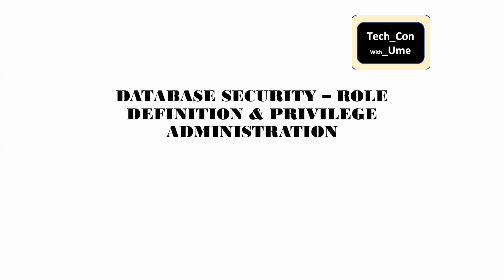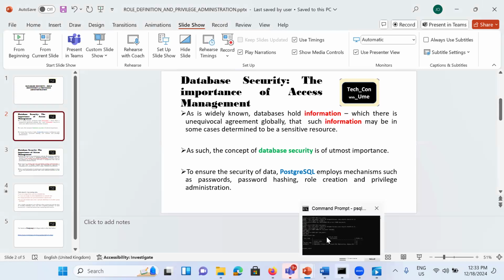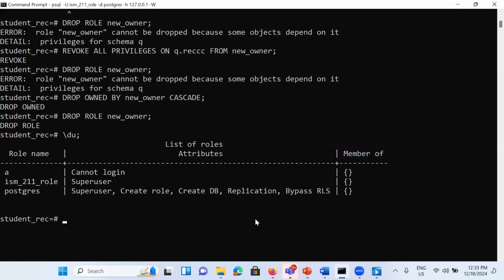So I will go to the terminal now, or if you're using a Windows machine, the command prompt, so that we can continue the series. Obviously, in the first video, we created a role which we called ISM 211 role.